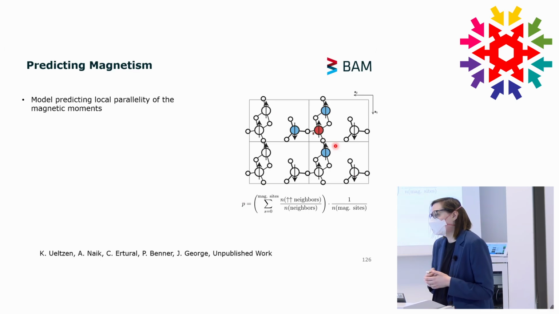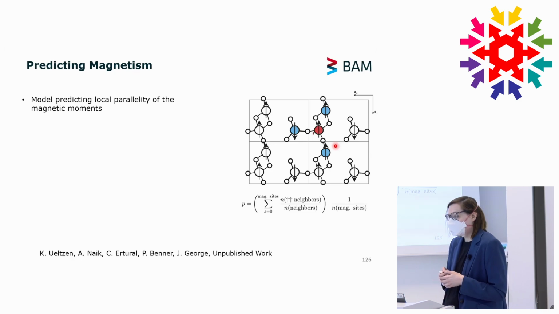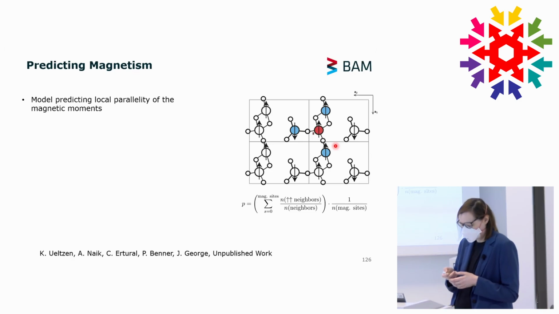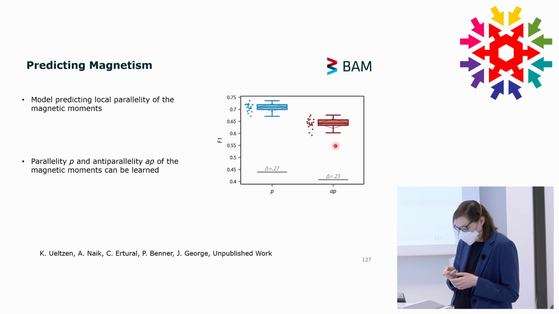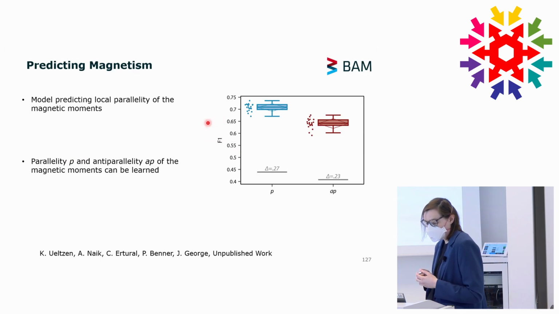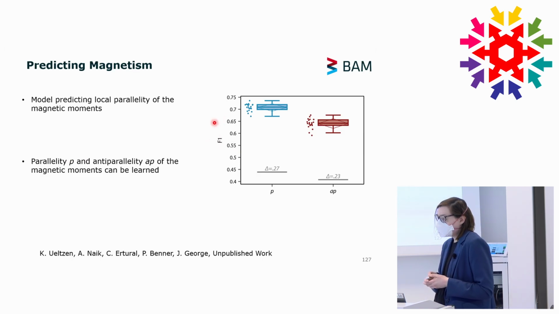This is really to take care of the non-collinear magnetism, as we cannot simply learn ferromagnetic and antiferromagnetic as labels. And then we can actually learn the parallelity and also the anti-parallelity. You might be confused why this is a descriptor, a measure for a classification that is showing up here. We unfortunately couldn't use a regression, but we also had to transform this into a classification problem where we learned extreme P and AP values.